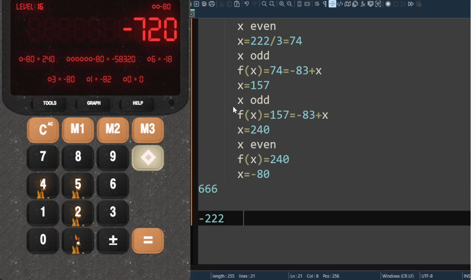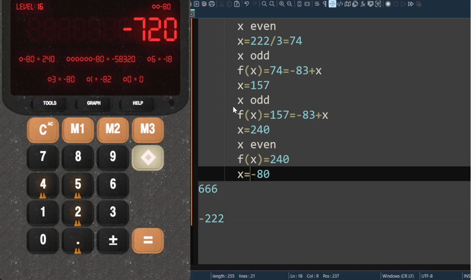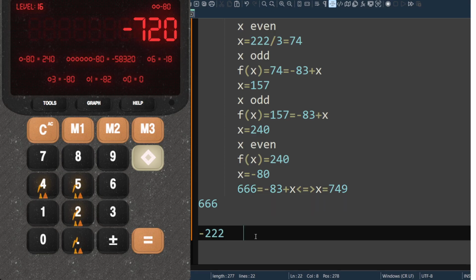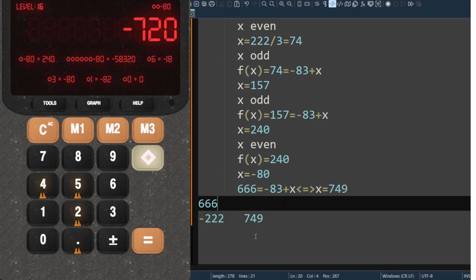And the other one I haven't calculated in this run, so let's go for 666 equals minus 83 plus x, and this is equivalent to x equaling 749, I think. 749, we will need to do this in a tree fashion.